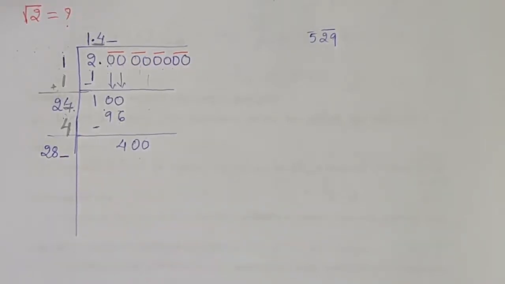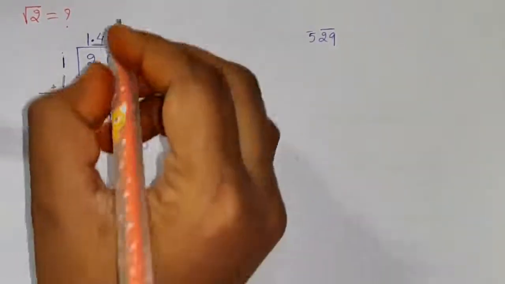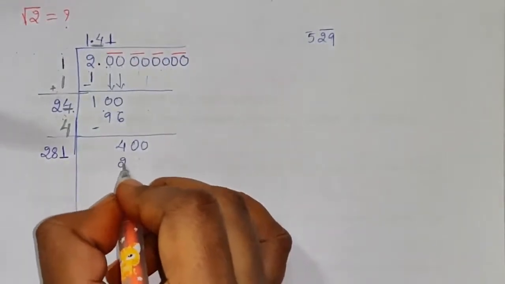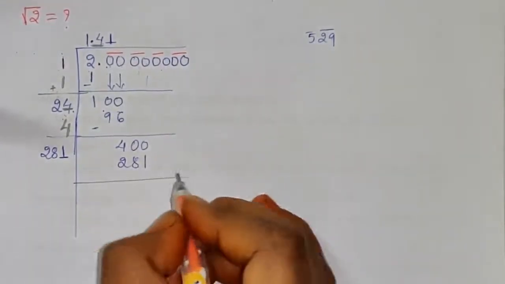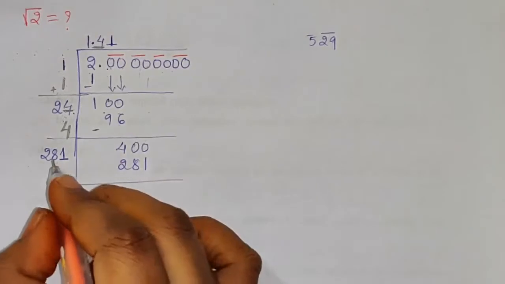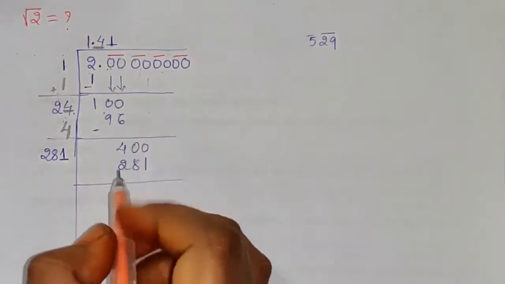So I am taking 281 only. Then you will get 281 here. Here also 1. That is 281. When you take 282, it exceeds 400, because 280 into 2 only, we will get 560 around, right? That is why I am taking 281 into 1, that is 281.